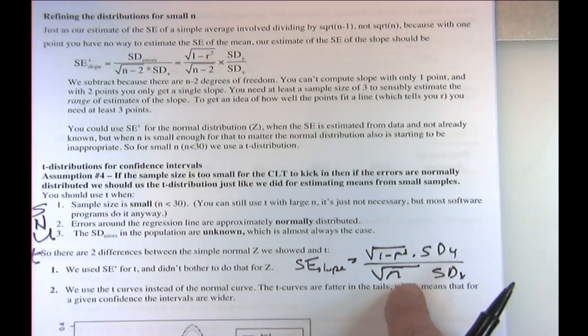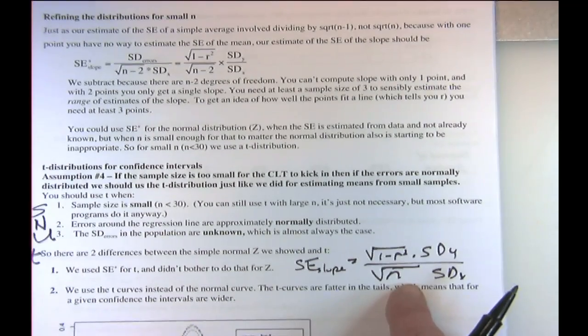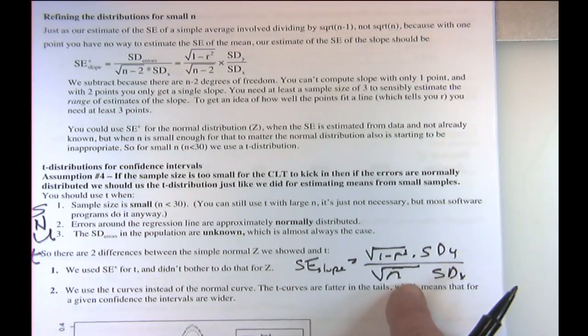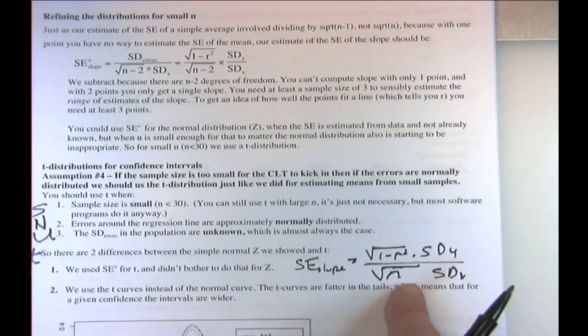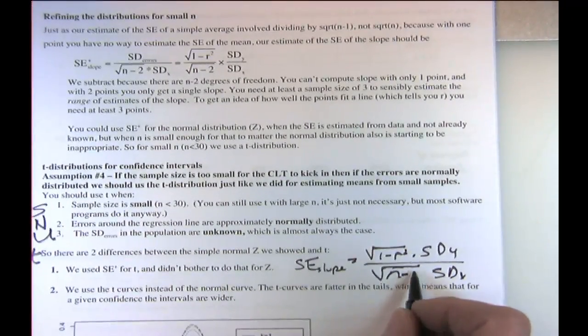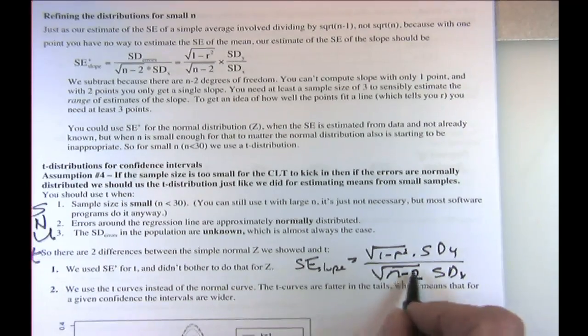Because if you have 1 point, that's the mean. To get variability around the mean, you at least have to have 2. Same here, now we have a line. If you have 2 points, you're always going to get no variability. You need at least 3 to reasonably estimate the variability. That's what I say here. So the degrees of freedom are n minus 2.